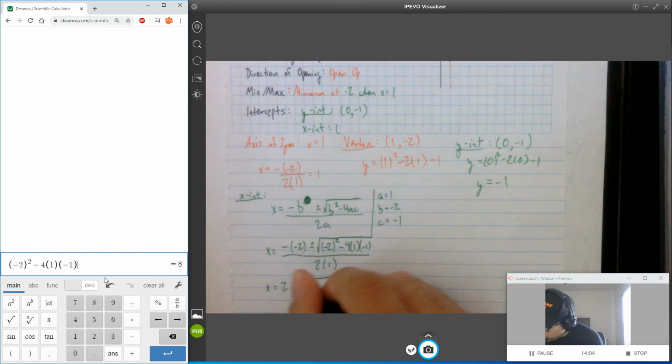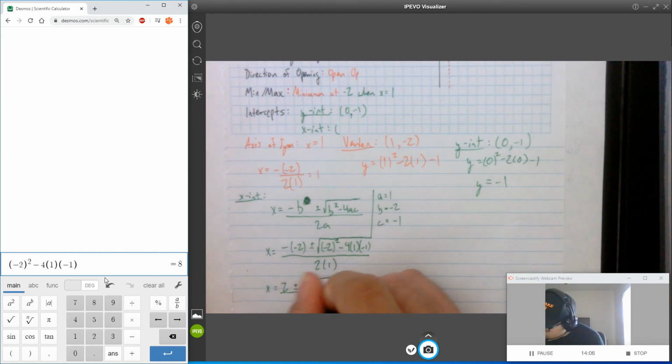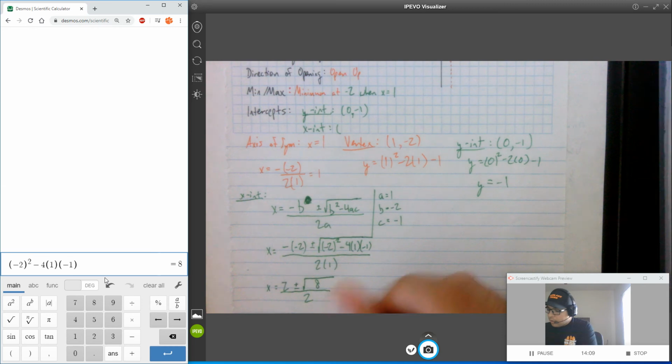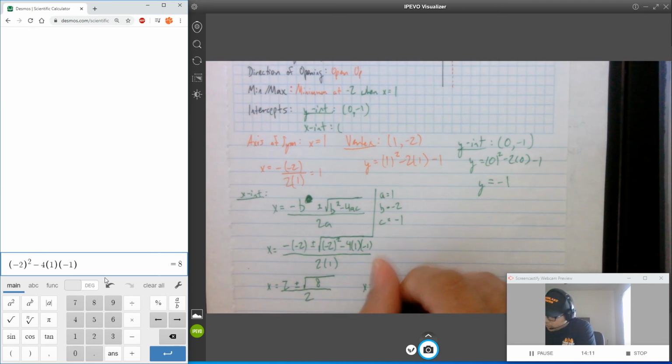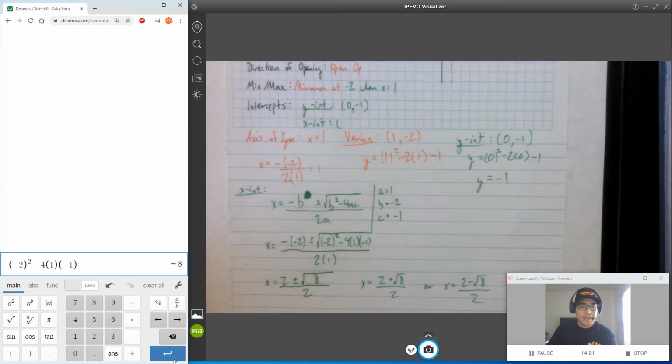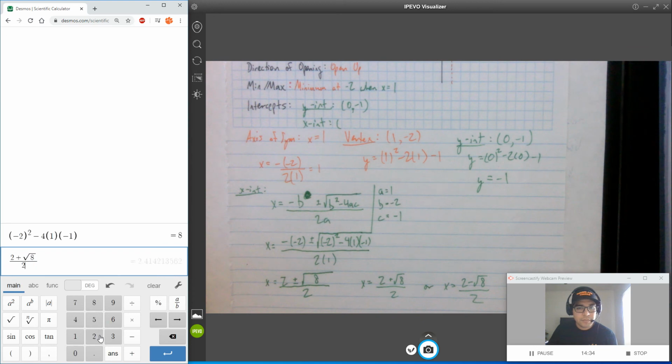So this right here is going to be the square root of 8 all over 2. So x equals 2 plus the square root of 8 over 2, or x is equal to 2 minus the square root of 8 over 2. I'm going to put that into my calculator. 2 plus square root of 8 all over 2.